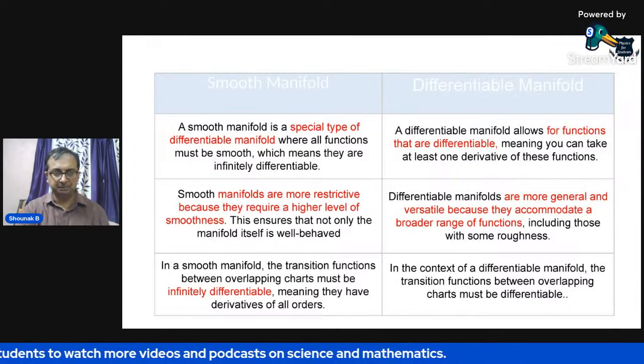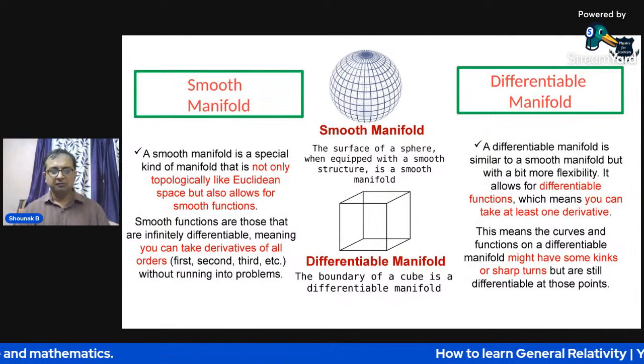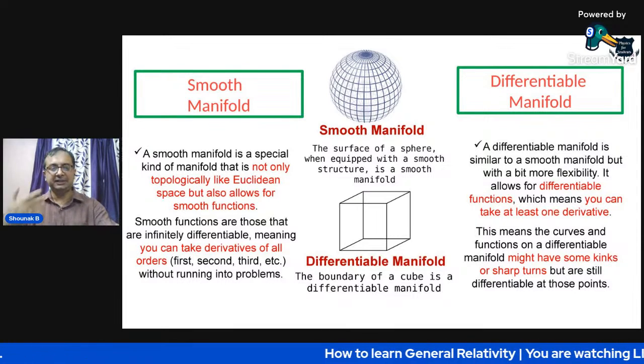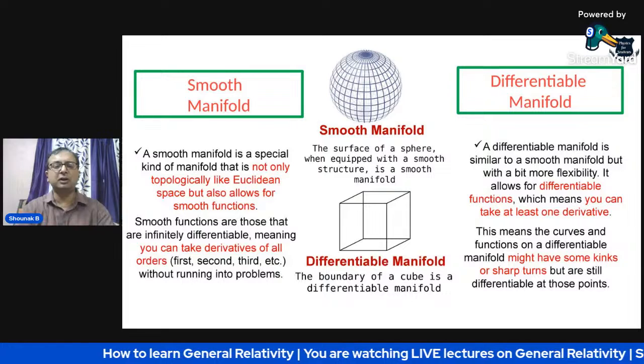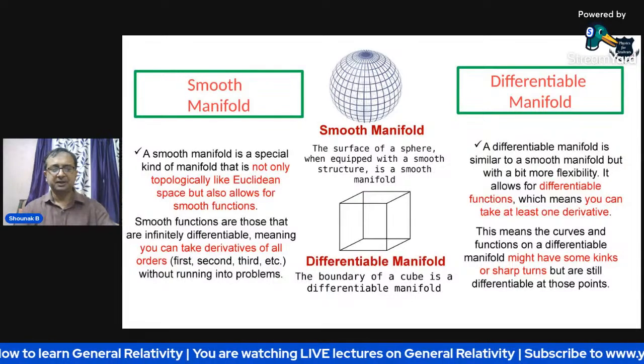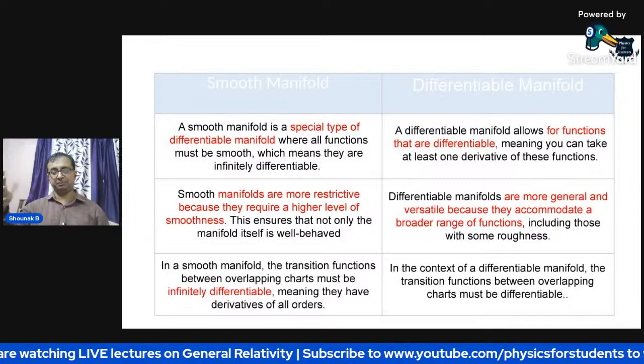Now you see, if I go to the previous slide, you will see that it is already written that smooth functions are actually those where you can get the first derivative, then the second, third, etc., without running into problems. That means you keep on and on and on. And that is what exactly this is saying. That what will happen is that it will go infinitely differentiable.